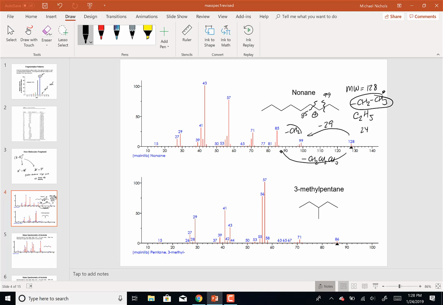Now, what are the 2 biggest peaks in the spectrum? 43 and 57. Does anybody have any kind of thought as to why those 2 would be the biggest? Why they would be the biggest fragments?